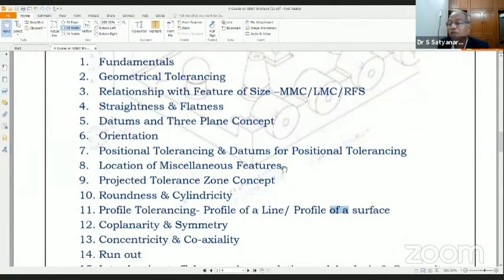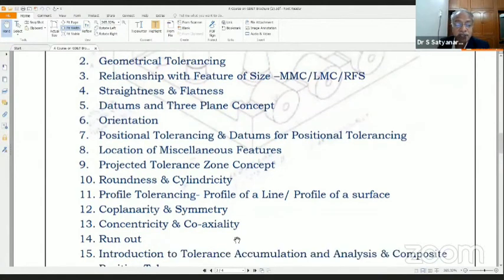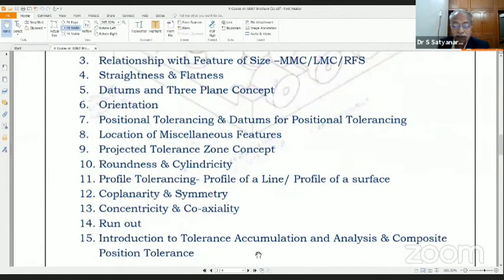Then composite position tolerancing, which I will just touch upon. And the projected tolerance zone concept, roundness and cylindricity, profile tolerancing, profile of a line, profile of a surface, coplanarity, symmetry, concentricity and coaxiality, runout, and if time permits, tolerance stacking, because the time available is only 6 hours. During these 6 hours, whatever is possible, we will try to complete and explain to you.